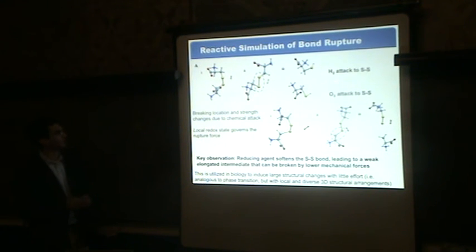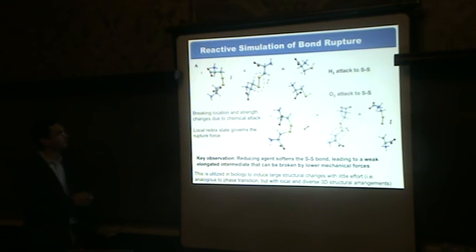In one case, we might have a hydrogen molecule attacking this sulfur-sulfur bond. In the other case, as a false test, you can have an oxygen molecule trying to attack this sulfur bond. Of course, these are not very likely reactions in real life, but we're interested in the likelihood of this reaction when you have a certain bias potential and in comparing the different chemistries.